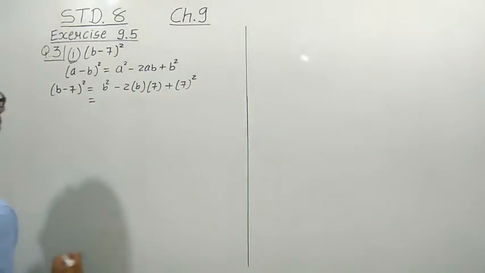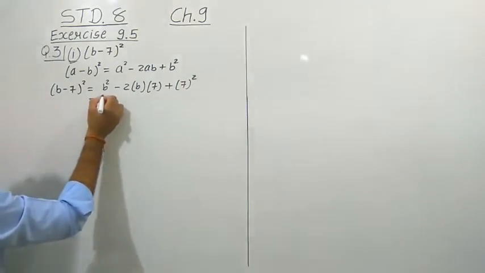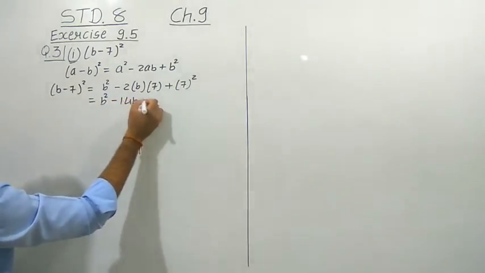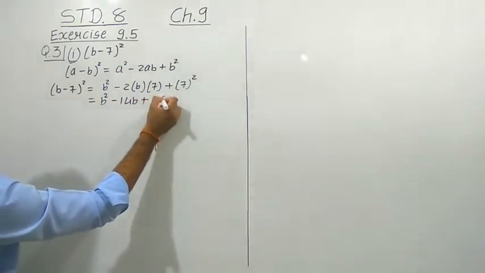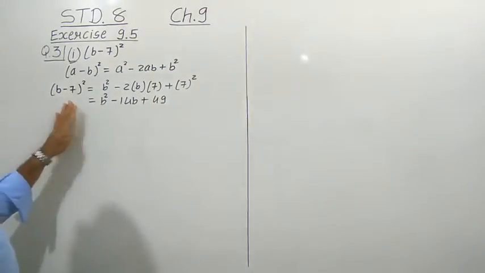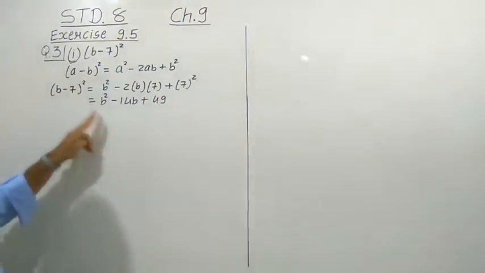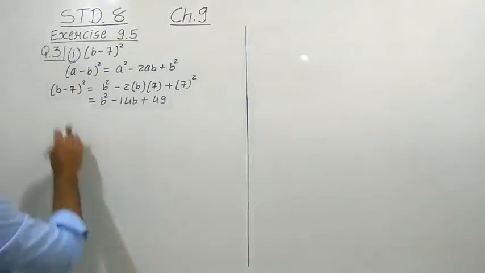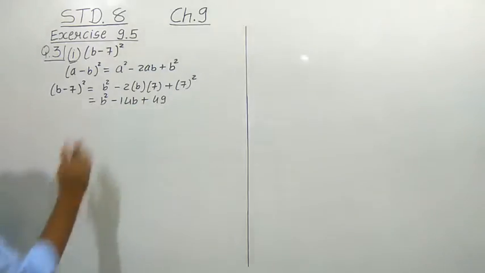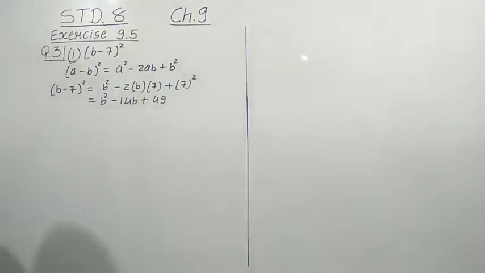So the simplified form now is b square minus 14b plus 49, right? So this is the expanded form of this b minus 7 all square, or we can say that the square of this algebraic expression is this, right? Okay.